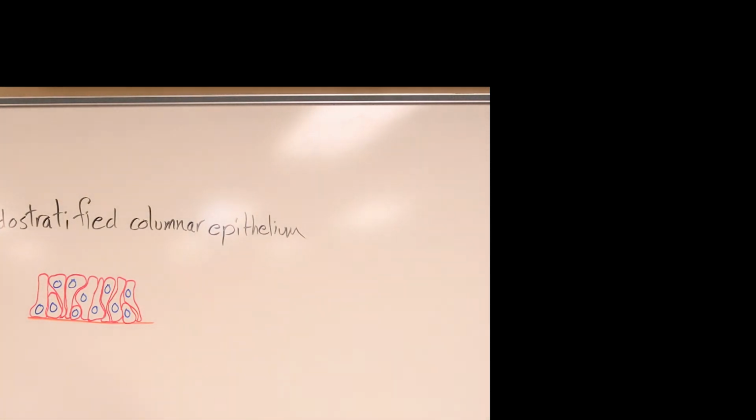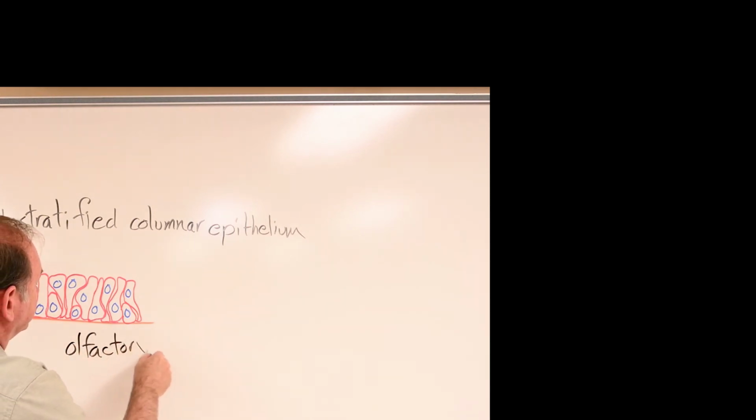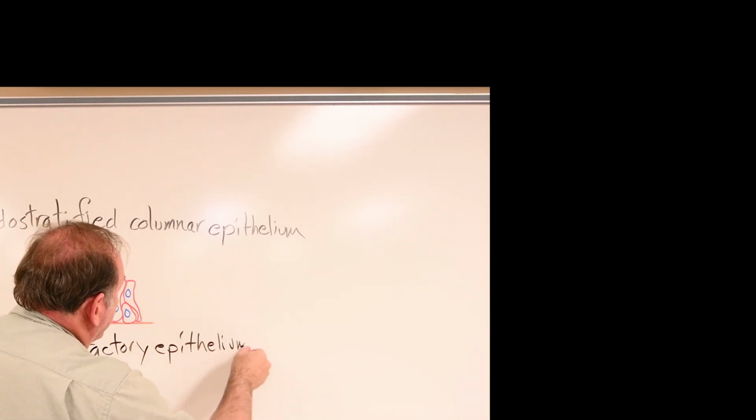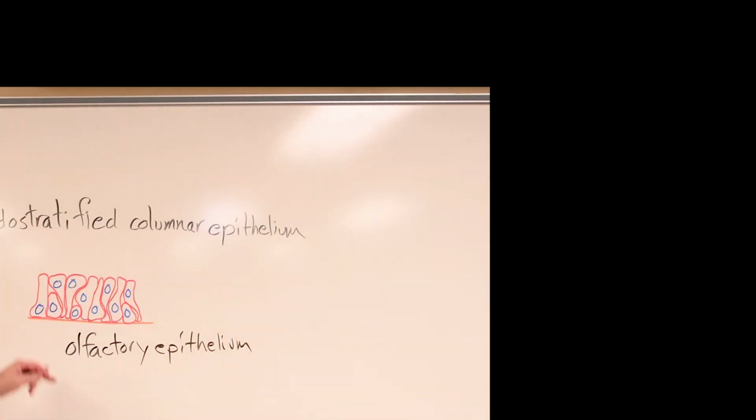Places where you find this, there are actually several in the body, but we associate it mainly with respiratory passages. So olfactory epithelium, where you have your sense of smell, is this pseudostratified columnar epithelium.